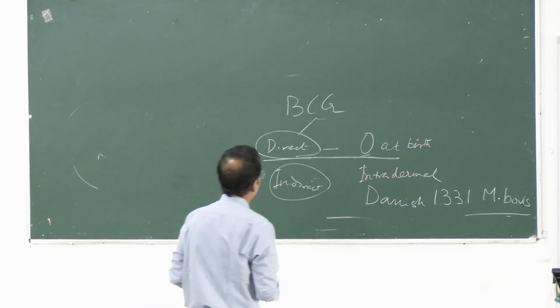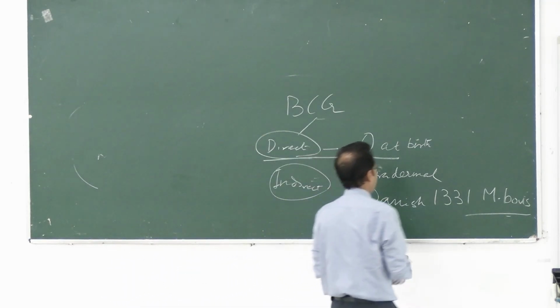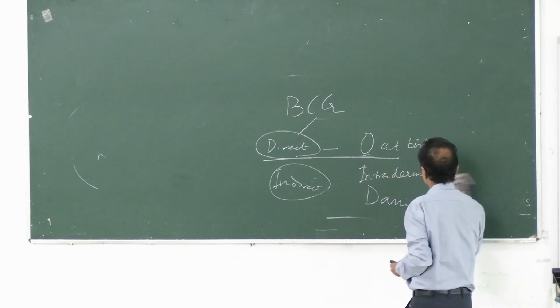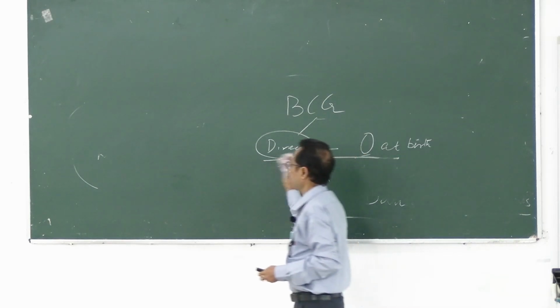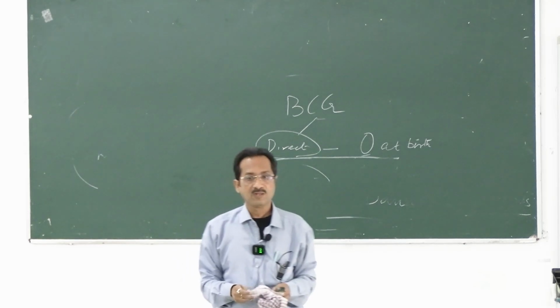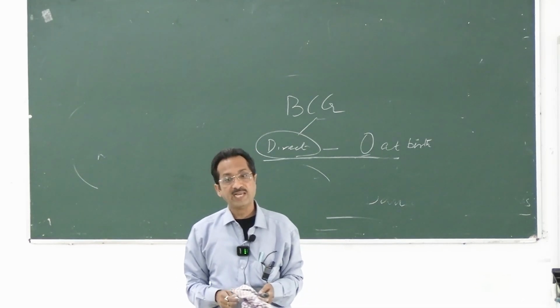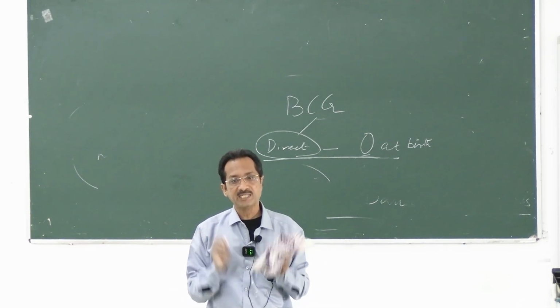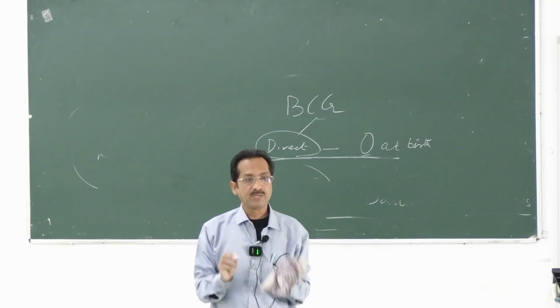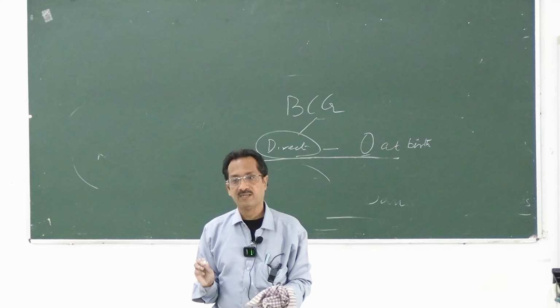Mycobacterium bovis strain. And how will you know this is successful? Successful BCG vaccination, how will you know the vaccination is successful? After 6 to 8 weeks there will be a healthy scar. And where is it given? It is given intradermal below the insertion of deltoid.